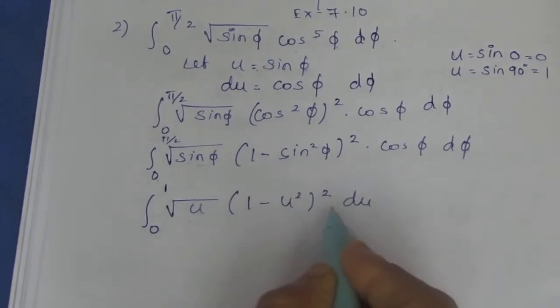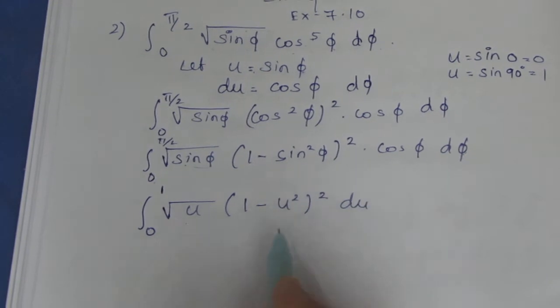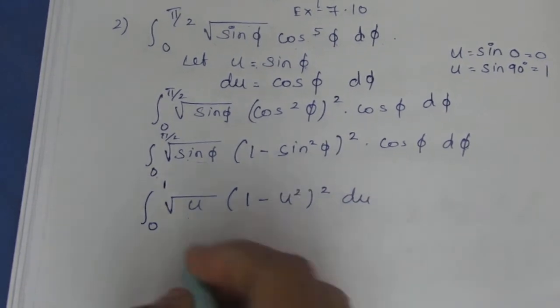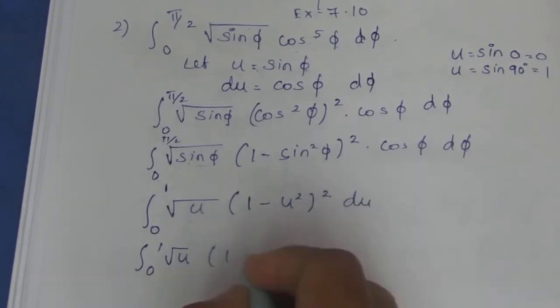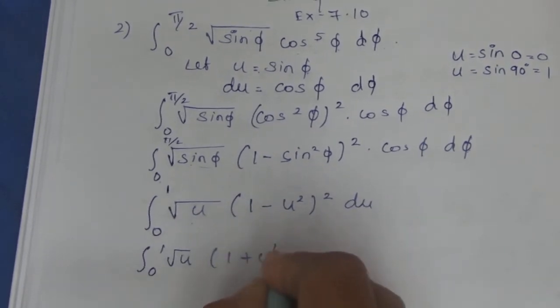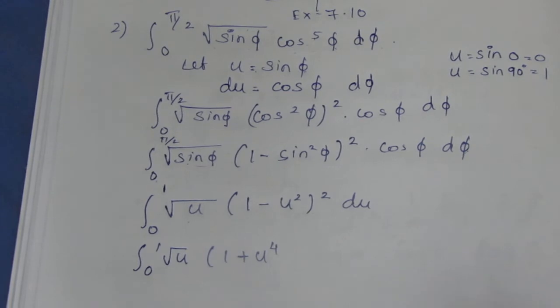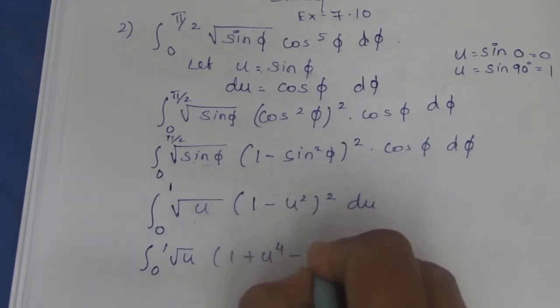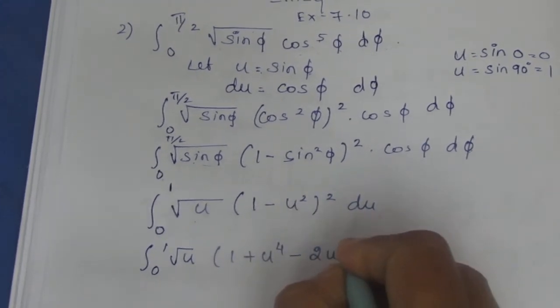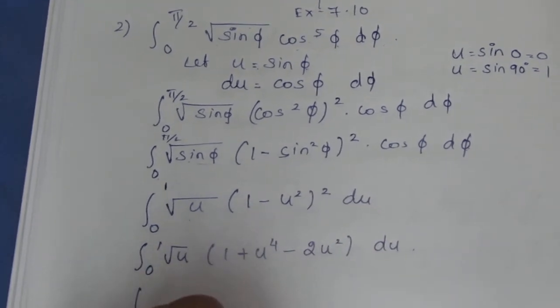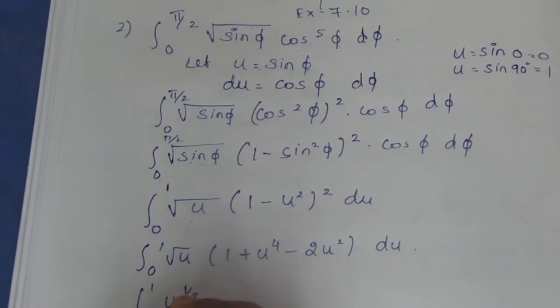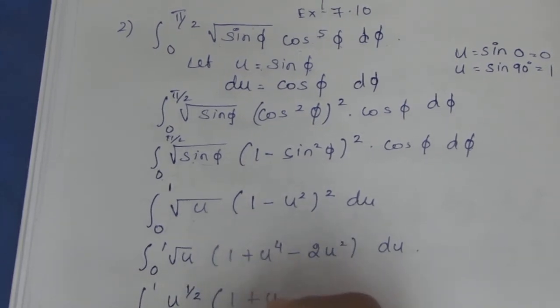Here, as it is in whole square, we need to use the a minus b whole square formula. This becomes, from 0 to 1, root u times a square plus b square, that is u square the whole square becomes u power 4, minus 2ab becomes 2u square, du. Now this has the whole power half. Multiply this inside.